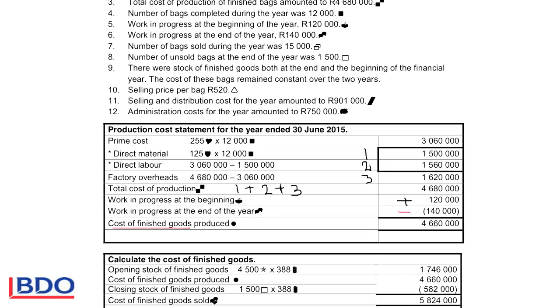So when you do the production cost statement, they can give different information for you. You have to determine very carefully whether they give you the total cost of production, that means direct material, direct labor, overheads, or whether they give you the cost of finished goods that will also include the work in progress.